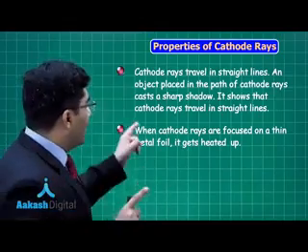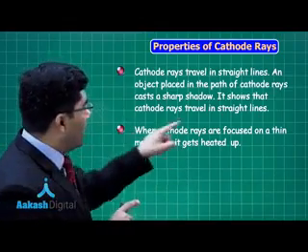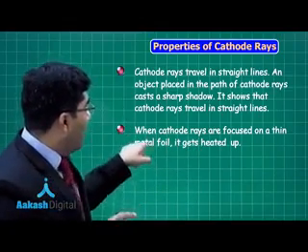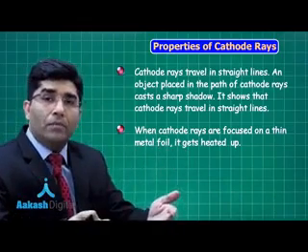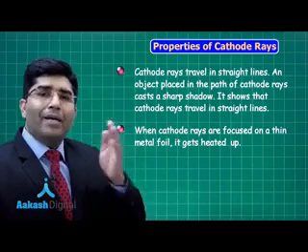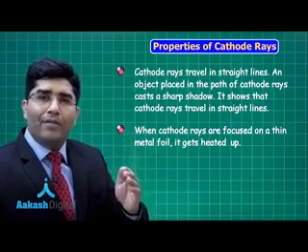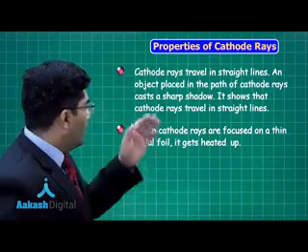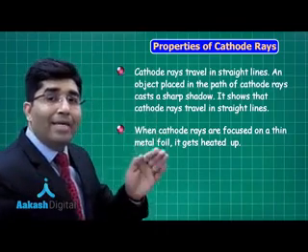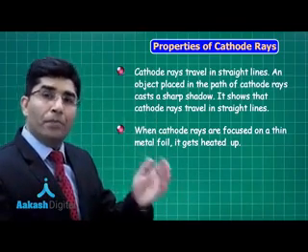So its energy is transferred into that thin metal foil, and that energy is converted into heat energy. So the particles of the cathode rays have some kind of energy. That's why the thin metal foil is getting heated up, right?